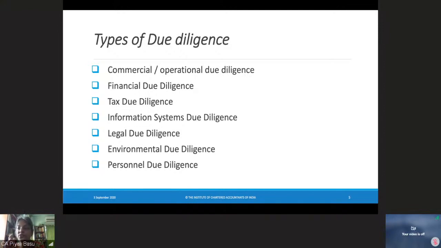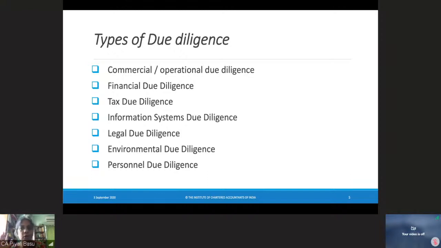Due diligence is for a deal that's going to happen between a purchaser and a seller, and the purchaser wants to have a due diligence before he commits money. A bank: some company has approached a bank for a huge loan. How will the bank decide whether such a loan is viable, and how will they ensure that the recovery is correct?